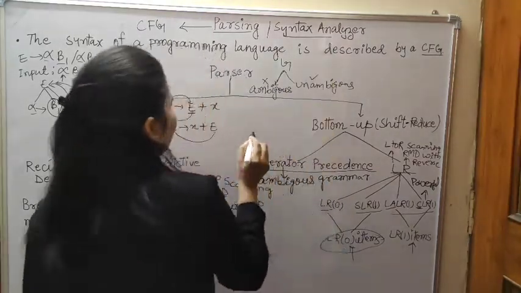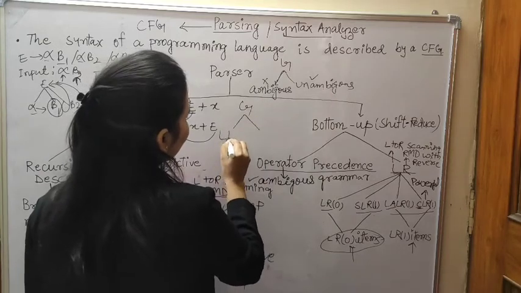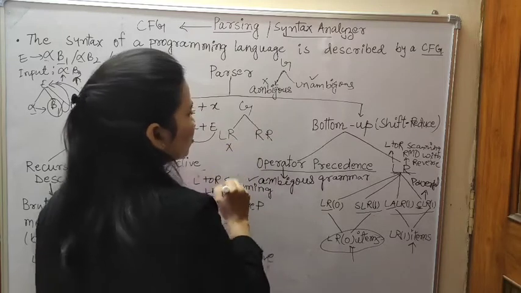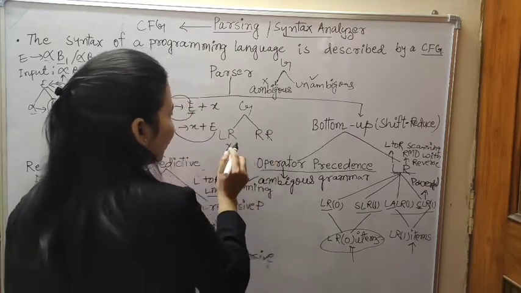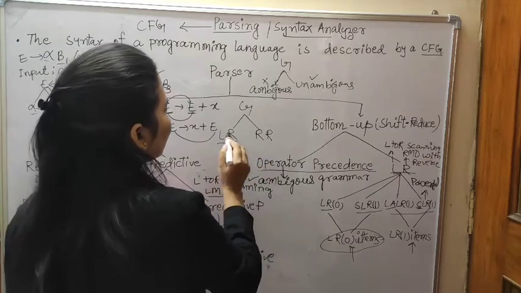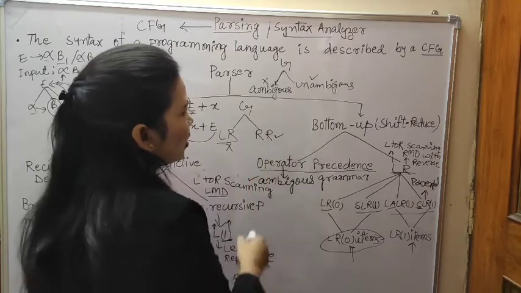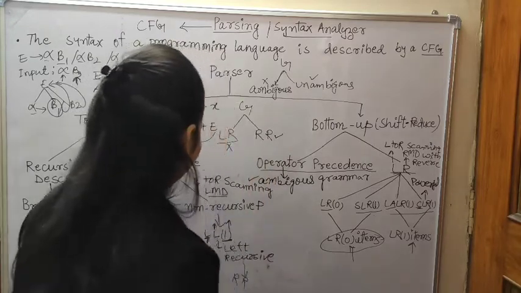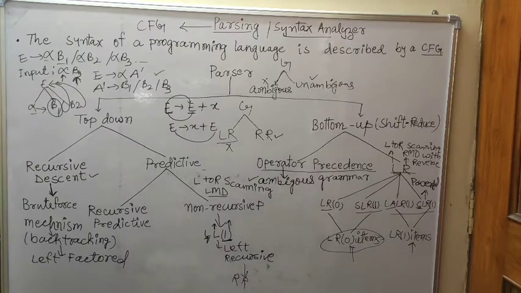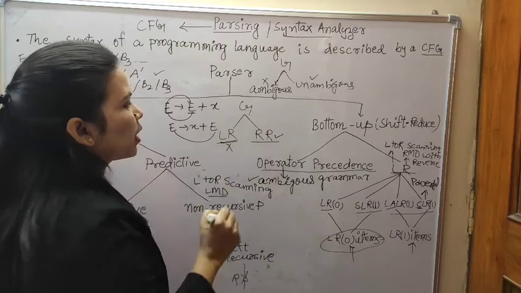Another is left recursive or right recursive. Left recursive is wrong, and whenever the expression is given as left recursive, we eliminate it by converting to right recursive. So right recursive is correct. So: ambiguous grammar, unambiguous grammar, left recursive and right recursive.